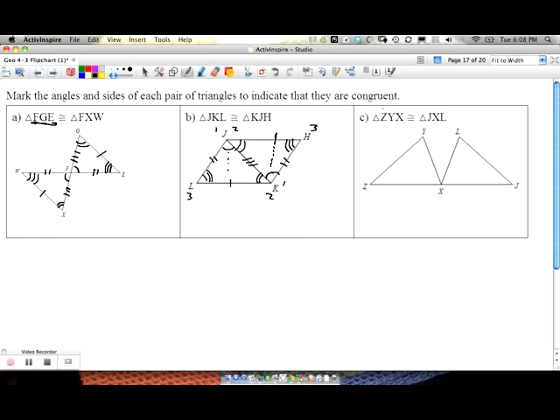Ooh, this next one's not so obvious, so let's be really careful with it. We got 1, 2, 3, 1, 2, 3. Z, Y, X, that's 1, 2, 3. JXL, that's going to be 1, 2, and then 3.